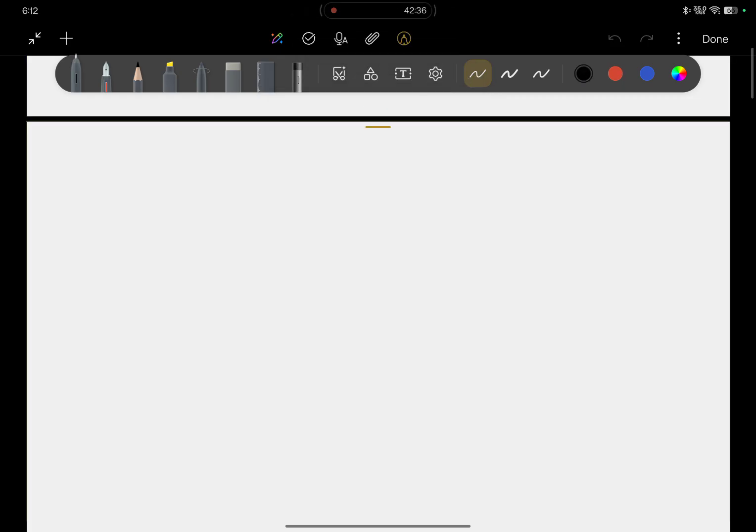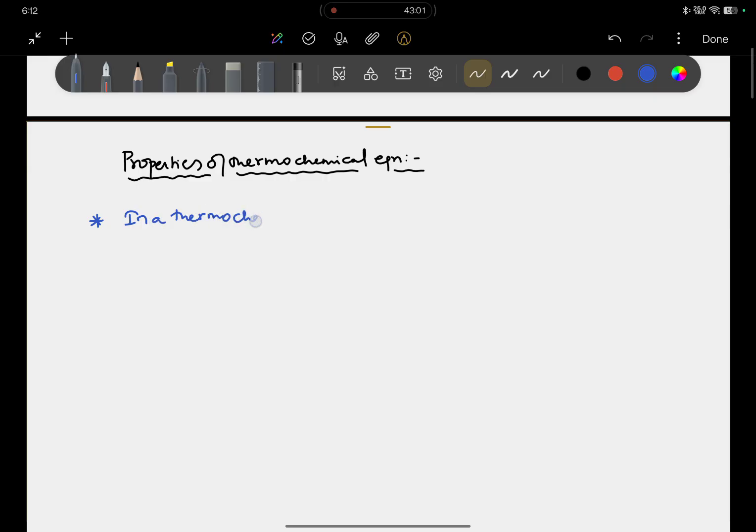Properties of thermochemical equation. Remember, in a thermochemical equation, what are all required?